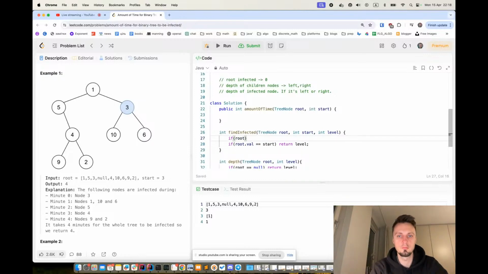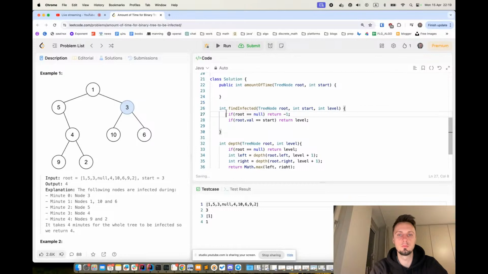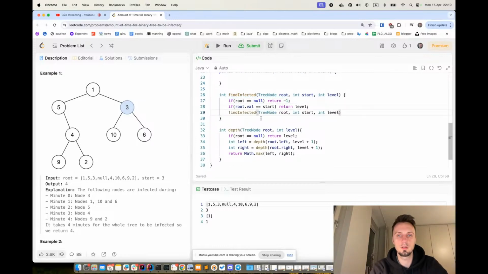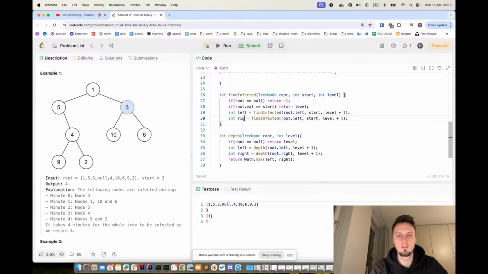If root is equal to null, we return -1. And here we again do these two calls, for root left with start and level + 1, and root right with start and level + 1, and we return the maximum of left and right.